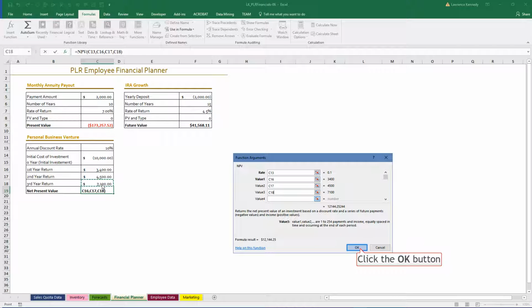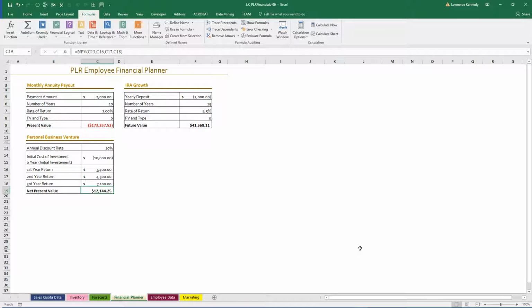Okay, and we can just select OK. So now this is telling us that the net present value is 12,000, but this is not entirely correct because out of this 12,000, we initially invested 10,000. So we need to factor this back in to see what the true net present value is.